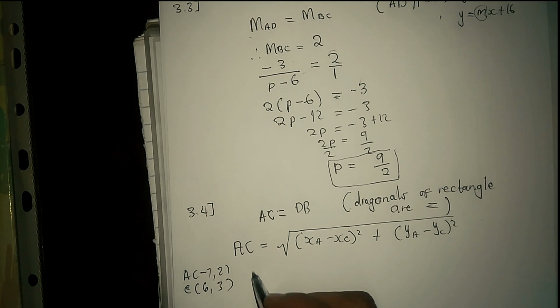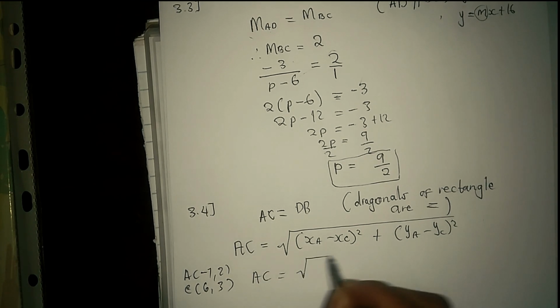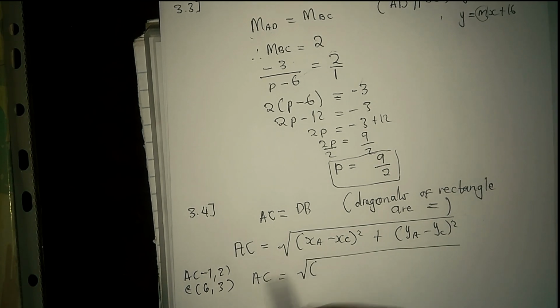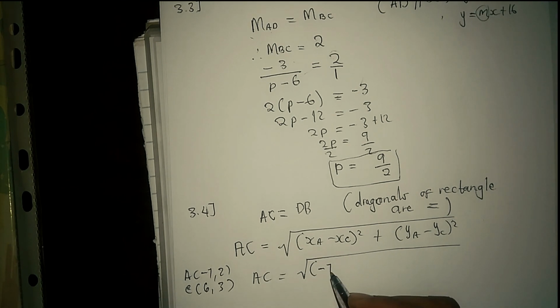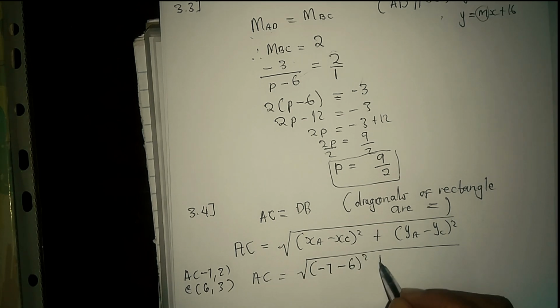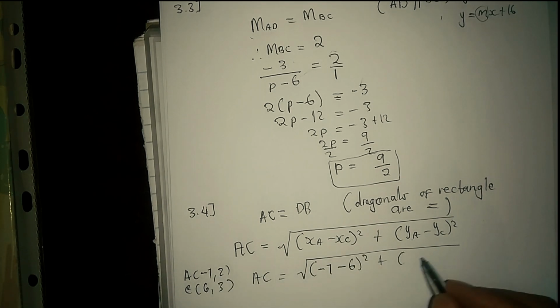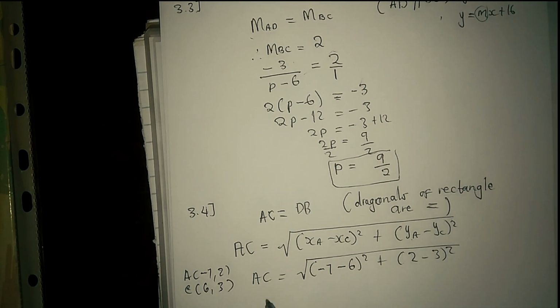So AC is equal to the square root of (XA, negative 7, minus XC, 6) squared plus (YA, 2, minus YC, 3) squared.